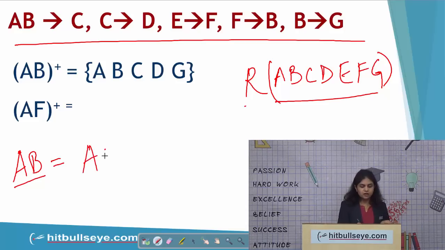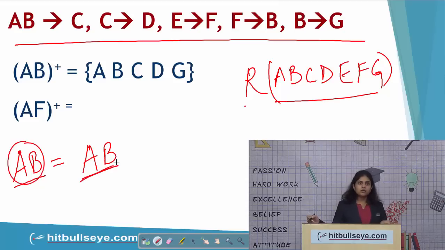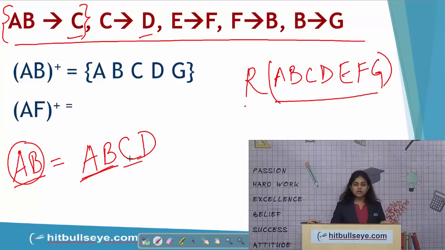So we add A and B to the list. After that, AB also determines C. This we get to know from this particular functional dependency. So we add C. So now we also have C in the list. From C, what is determined? D. So I can say D. From D, is there anything which needs to be added?